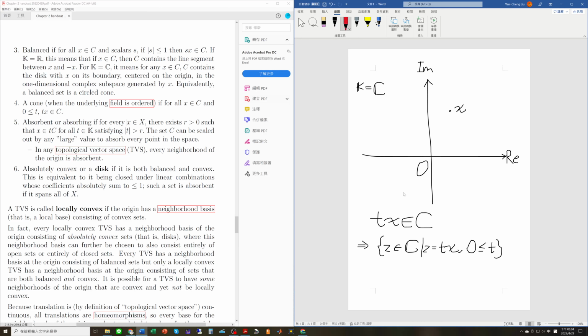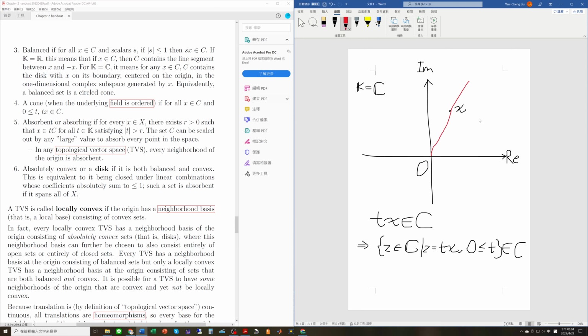So this set is in C. Alright, so what does this set mean? This set is this line segment.